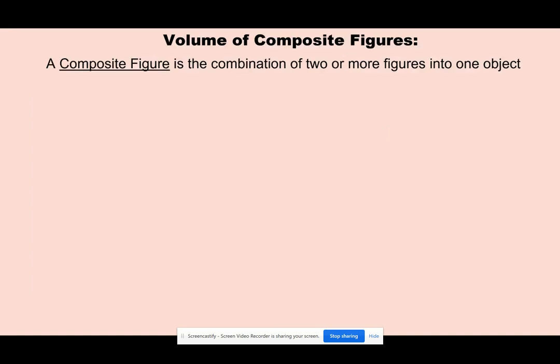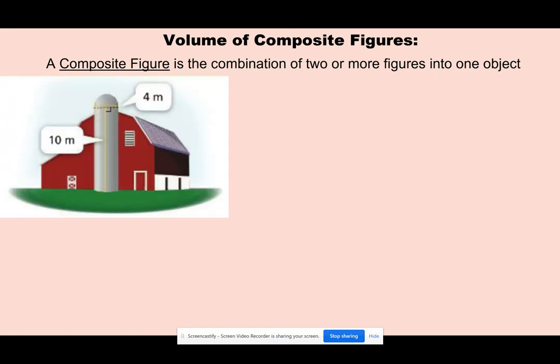So this part is called volume of composite figures. A composite figure is just a combination of 2 or more figures that all form one thing. And we see these all the time in real life, especially here in Cecil County. For this example, they're talking about this corn silo. Okay, there's plenty of these all around our county. So if you look at it, it is a cylinder at the bottom, and then that top, that globe-looking thing at the top, is a hemisphere.